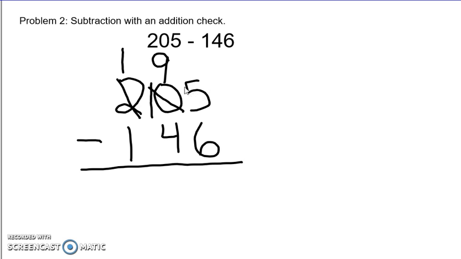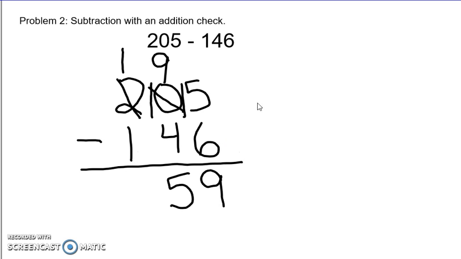And now I'm giving the 10 to the ones place, so the ones now has 15. Now I can subtract. 15 minus 6 is 9. Moving to my tens, 9 minus 4 is 5. And then to my hundreds, 1 minus 1 is 0.